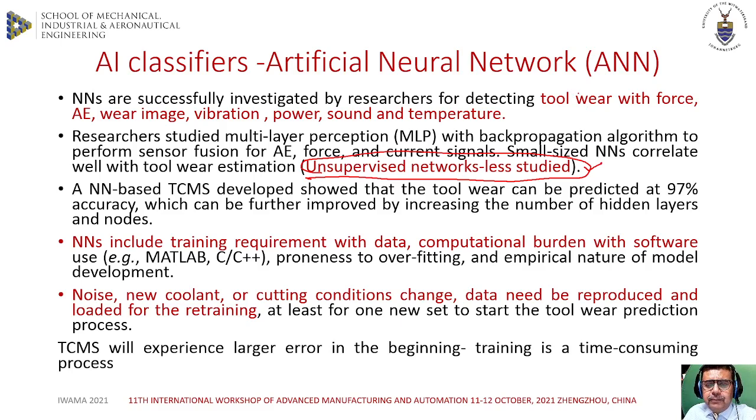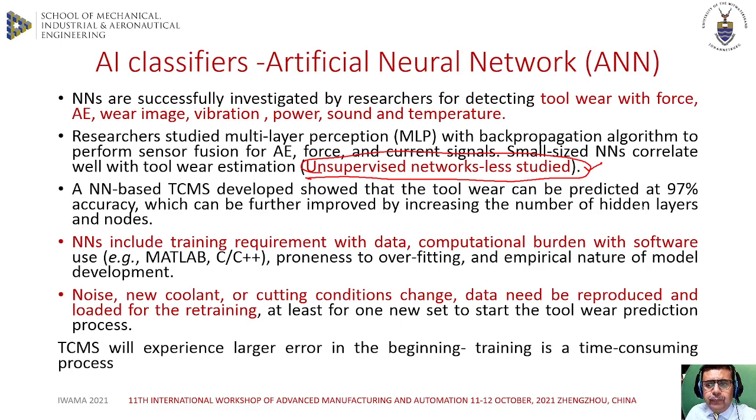Supervised learning means we have input, and related to the input we know the output, how much the tool wear is. That is the meaning of supervised learning. So we train the model based upon the data that we have. In unsupervised learning, we don't know what the output is, we just have various parameters.